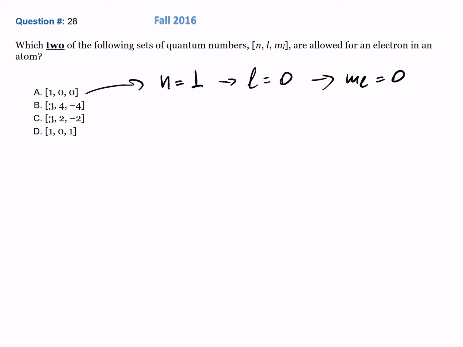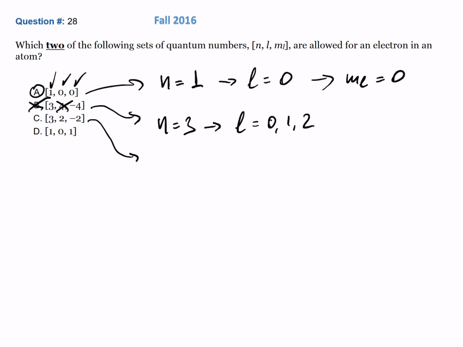That means 1, 0, and 0 all check. So this is one of them. The next one, we have n equals 3. For n equals 3, even without checking, you know there is something wrong. L can only be 0, 1, and 2. This is 4, it doesn't check, so we can forget about that one right away.